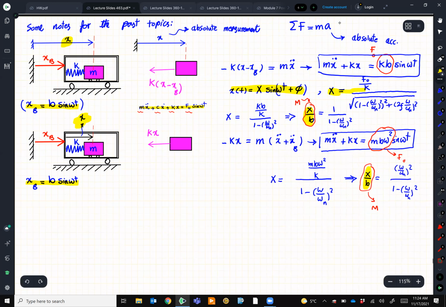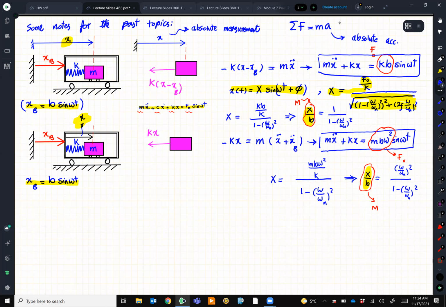The formula for X is always like that. But because we have different F0, we may end up with a different form at the end. And the magnification factor, again, depends on the problem.